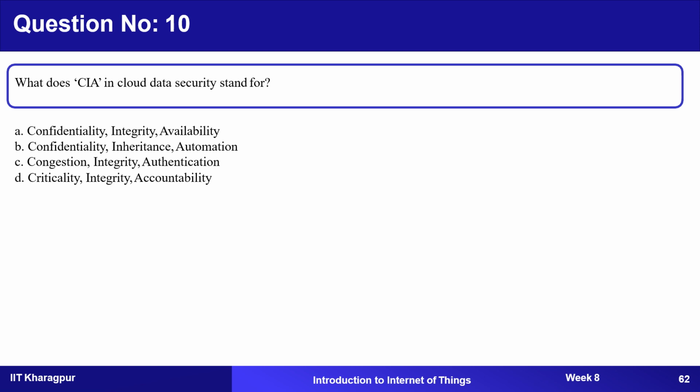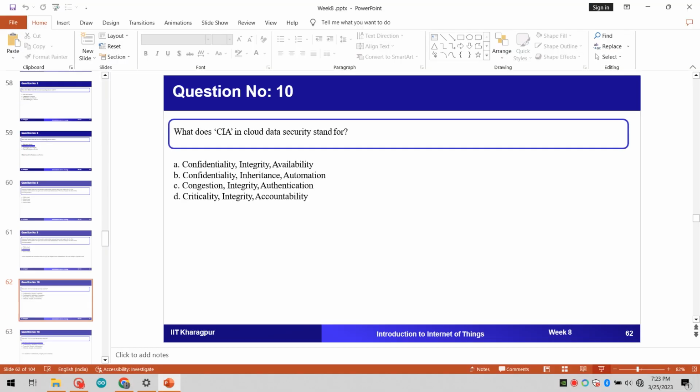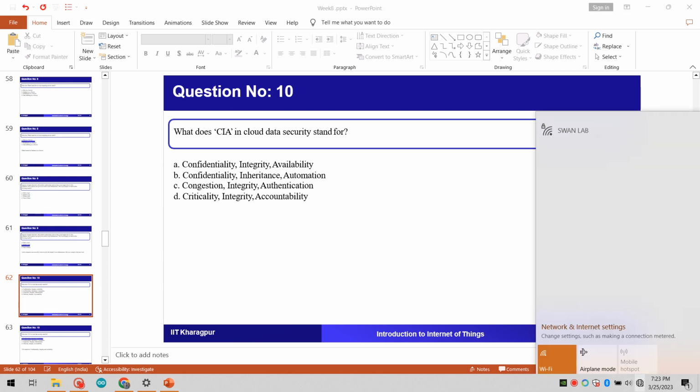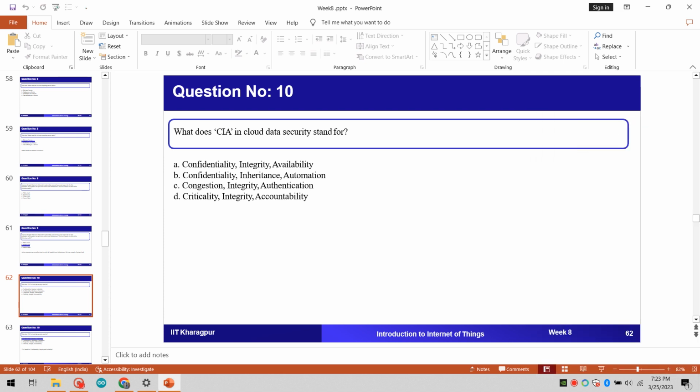What does CIA stand for in cloud security? Options are confidentiality, integrity, availability.